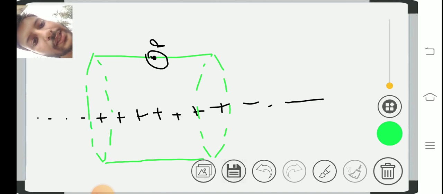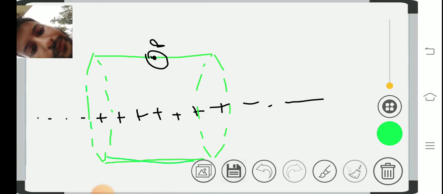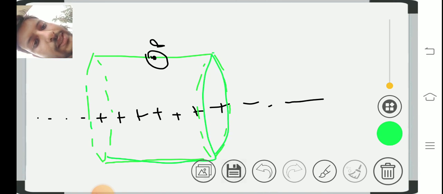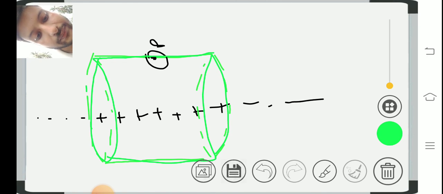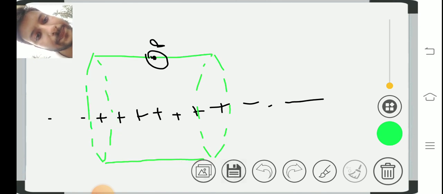After considering the point, we have to draw a Gaussian surface which passes through this particular point. This Gaussian surface should pass through the point where we need to find the electric field intensity. Clear?